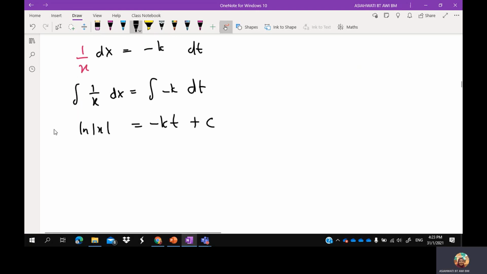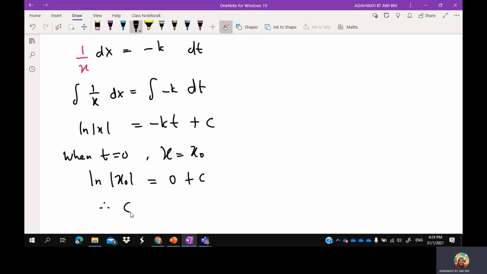Say you want to substitute the values. At first, when t is equal to 0, x is equal to x naught. Substitute: ln x naught is equal to 0 times t, 0, plus c. Therefore c is equal to ln x naught.